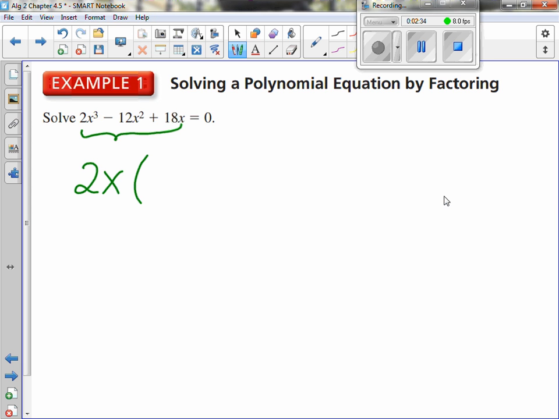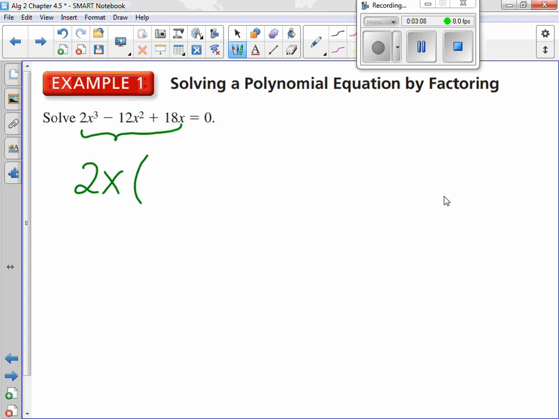There's also a 2, because 2, negative 12, and 18 all have a greatest common factor of 2. So the greatest common factor between these three terms is 2x, and we can factor it out of each one.